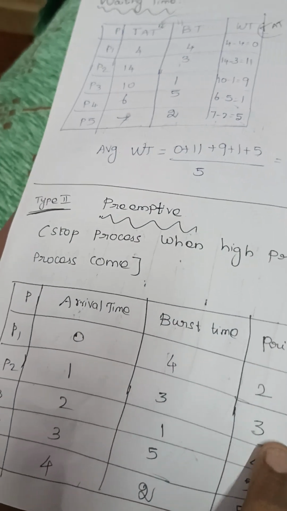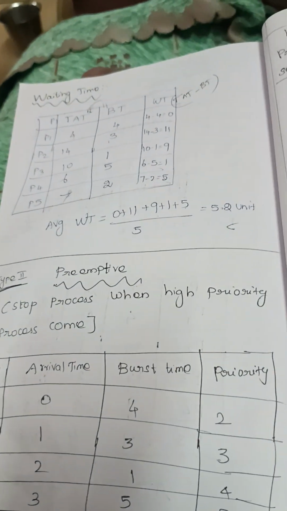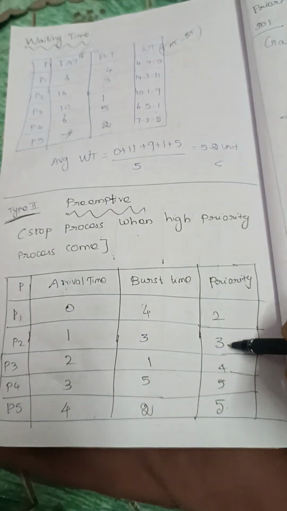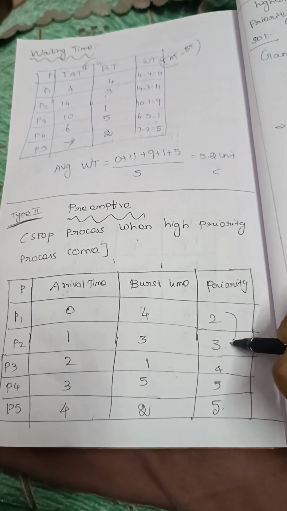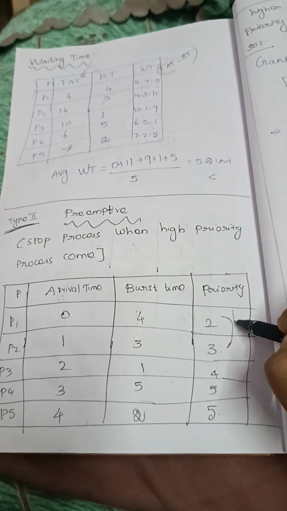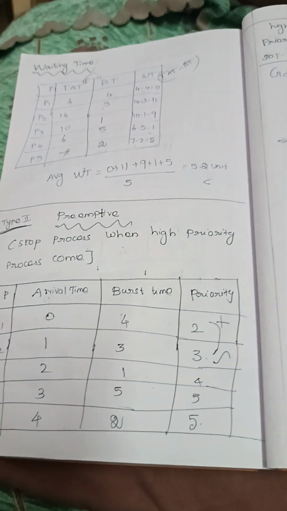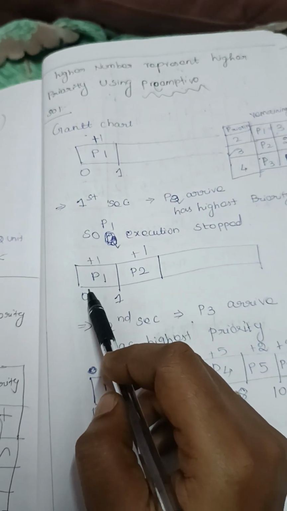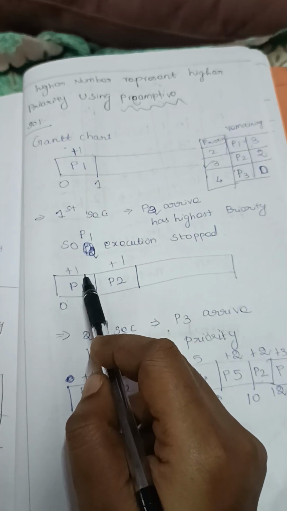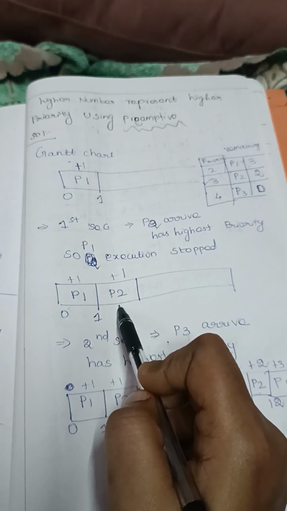P1 has lower priority compared to process P2. So the P1 process is stopped and the P2 process is executed by the CPU. So from 0 to 1 second P1 executed, then it stops its execution, the CPU selects P2, and P2 execution starts.